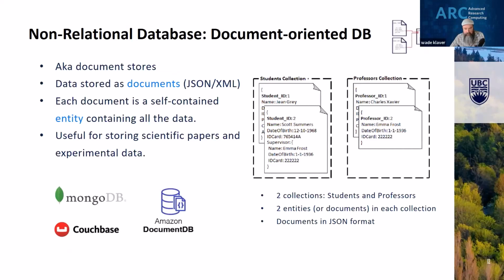As I mentioned in the introduction to NoSQL here, document-oriented databases are a very popular choice now. And this is driven in many respects by the modern programming models that we use. In these cases, the database just stores a collection of documents.